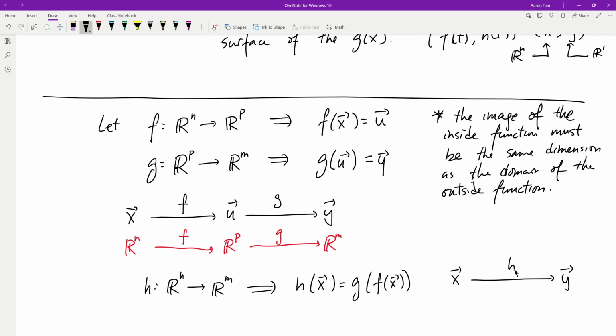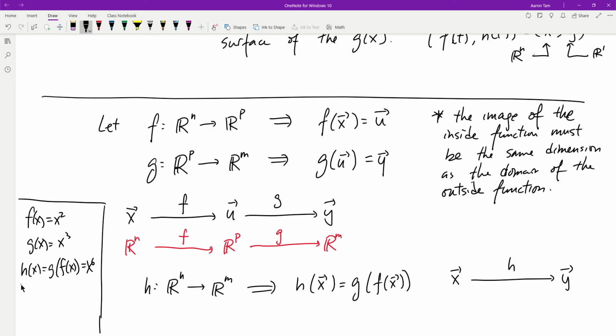Remember the difference between these two examples. If I have f of x equal to x squared and g of x equal to x to the third, then I can say h of x is g of f of x, and that would just equal x to the 6. So I actually formed the function h, and I can look at function h as a single function, which is just x to the 6.